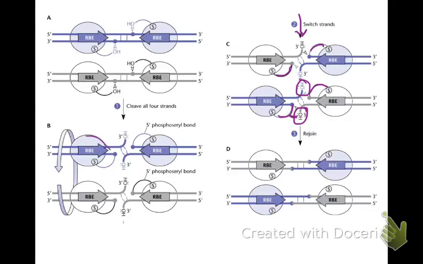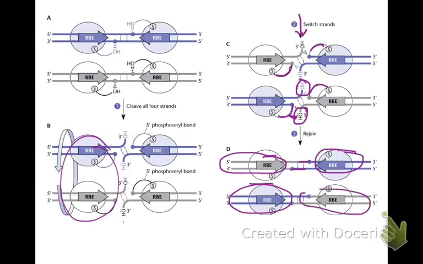Fortunately, the flipping occurs before that rejoining occurs, and we end up connecting those pieces of DNA together, but we now have this piece of DNA, the gray, joined with the purple, and the DNA that was on the top has now been joined to the bottom of the other strand. So we've just flipped the pieces of DNA.